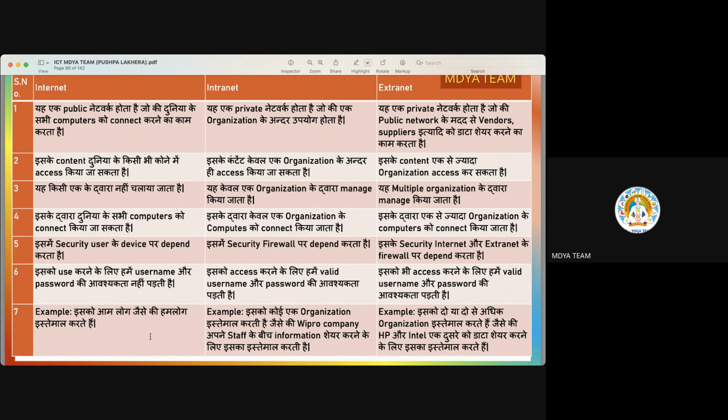Because our organization is connected to various vendors, suppliers, and other people. They want their services, so they can access the website of that particular organization. Then the content of internet is for everyone. Everyone can access it at any place in the world, if they have that particular service.